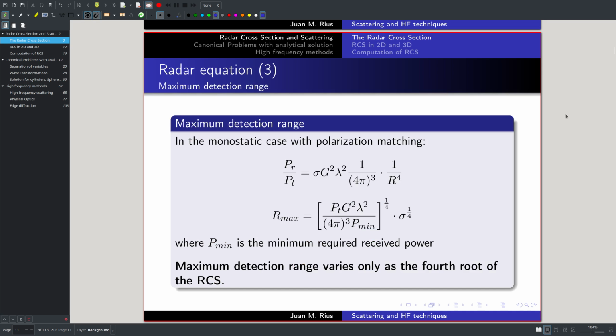We can isolate here the maximum detection range as a function of the minimum received power.